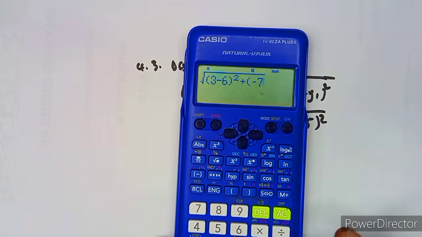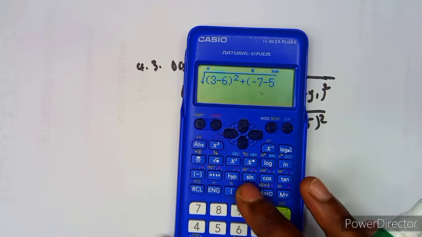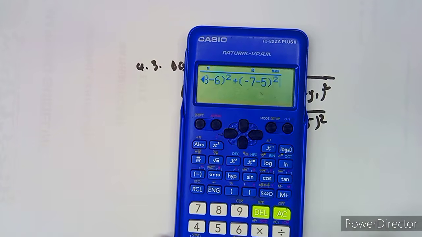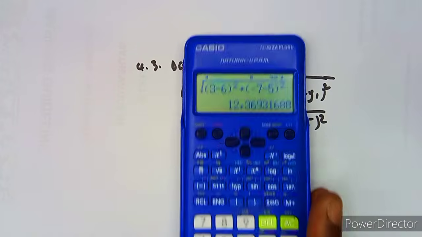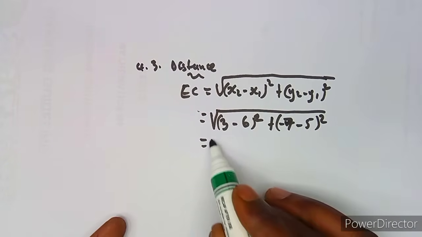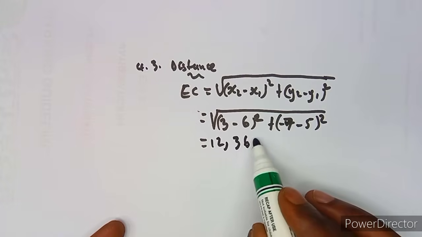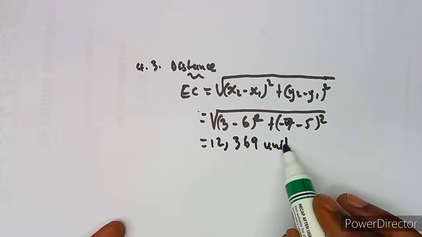That is minus 7 minus 5, you close that bracket and square it. You're going to obtain 3 square root of 17, which as a decimal is 12 comma something. So you can express it as a decimal, which is 12,369 units.